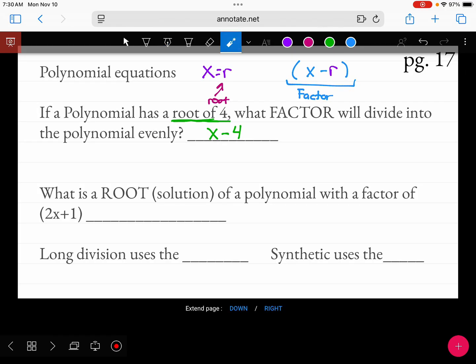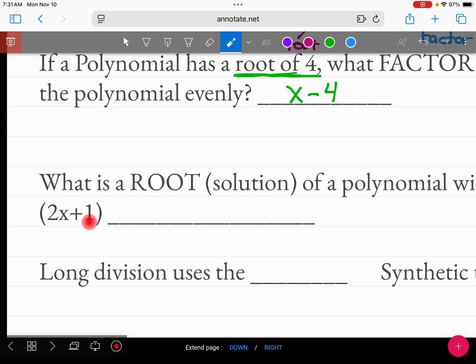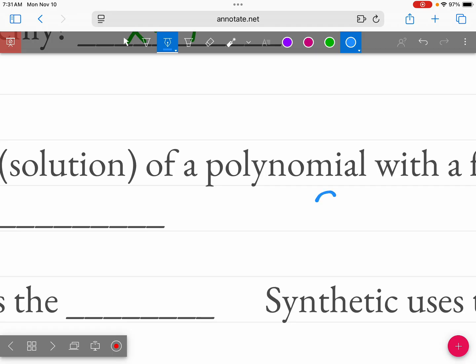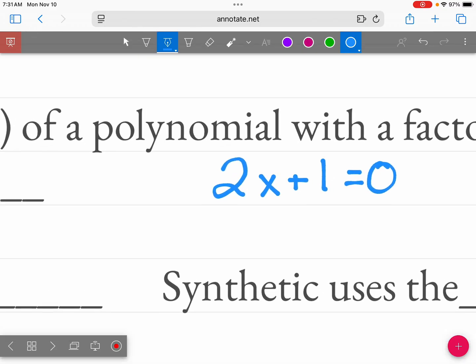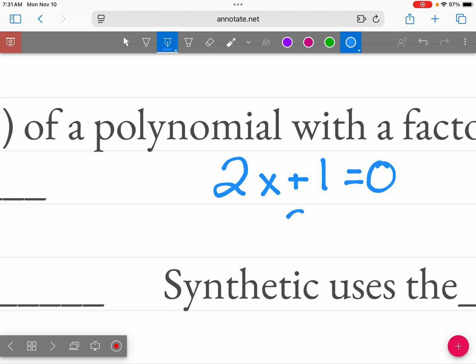So when we get kind of funky factors like this guy, 2x plus 1, it still absolutely counts as a factor. However, to find the root, what do I need to do with that 2x plus 1? Set it equal to 0. So we can solve this. I can subtract 1 from both sides.